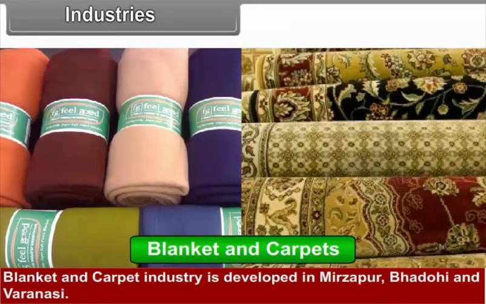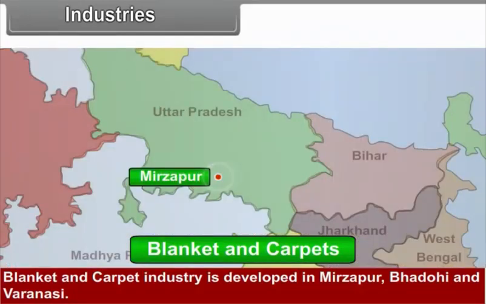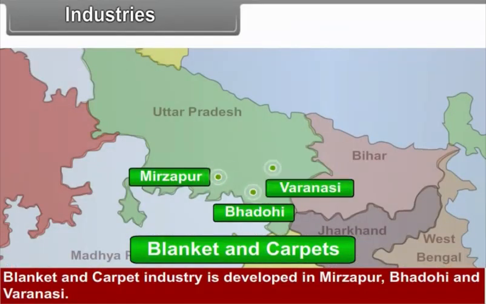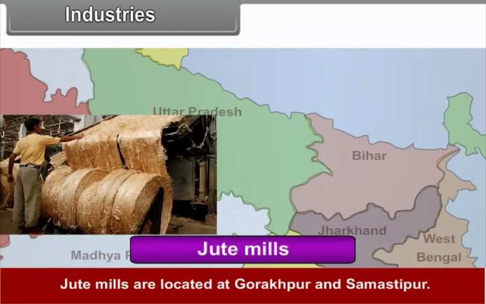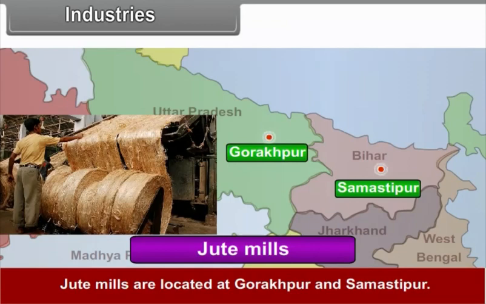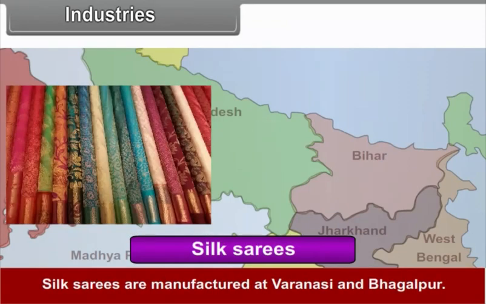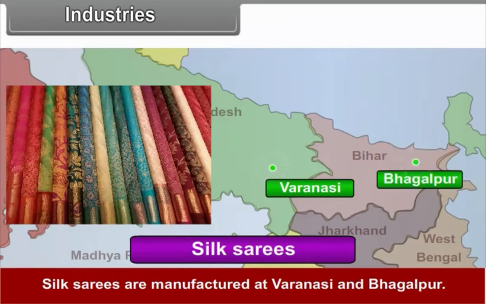Blanket and carpet industry is developed in Mirzapur, Bhadohi and Varanasi. Jute mills are located at Gorakhpur and Samastipur. Silk saris are manufactured at Varanasi and Bhagalpur.